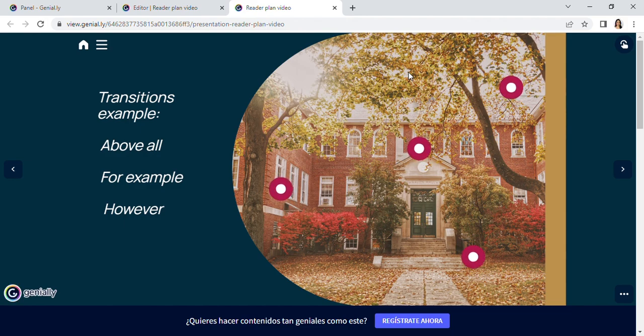Transition example. Transitions are the phrases which are useful to link some ideas that we can find in the paragraphs that the author used. Some of these are above all, for example, and however.